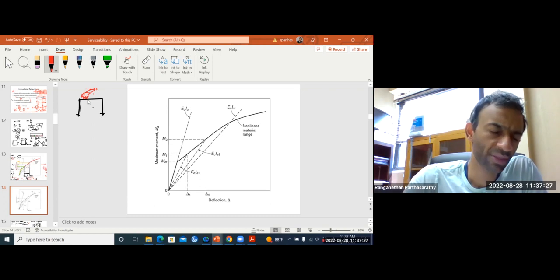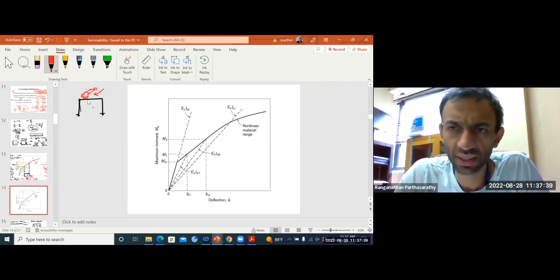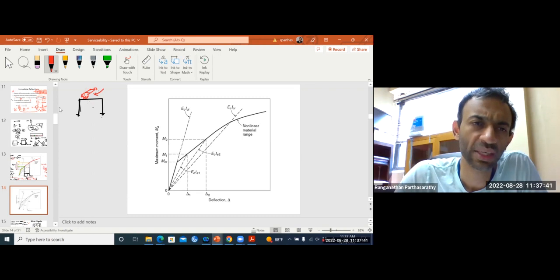That means after this is gone and the structure is ready, whatever live load comes in is all lighter than whatever this structure has already seen. Okay, then you can see it gets a bit more complicated.